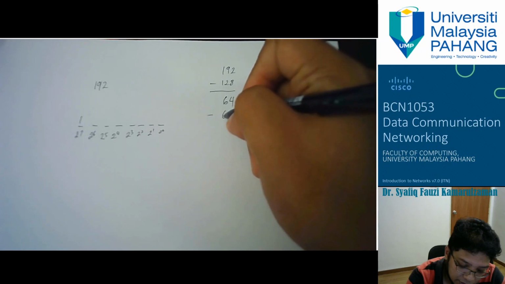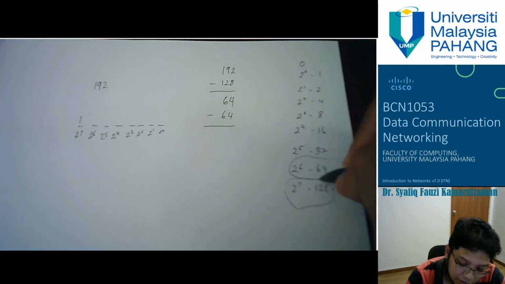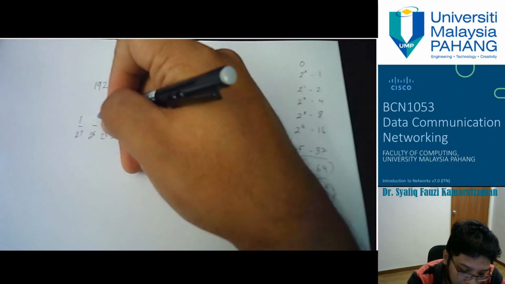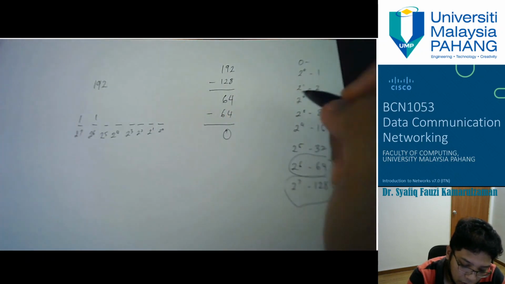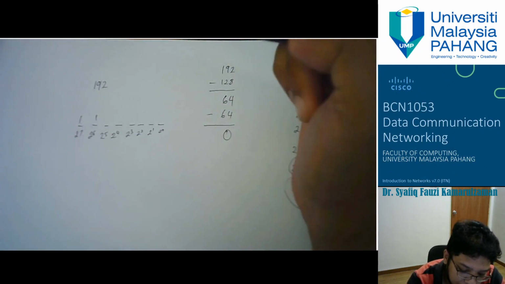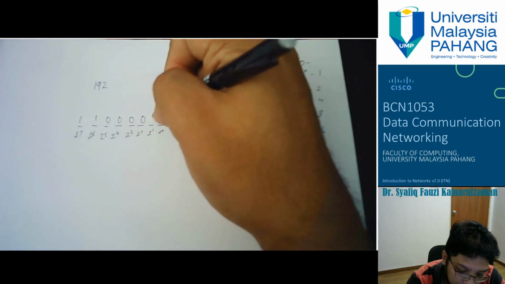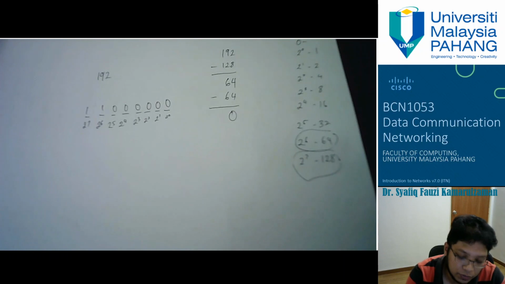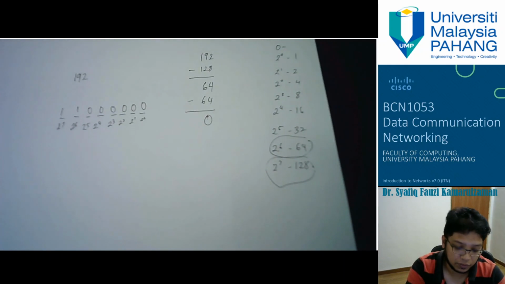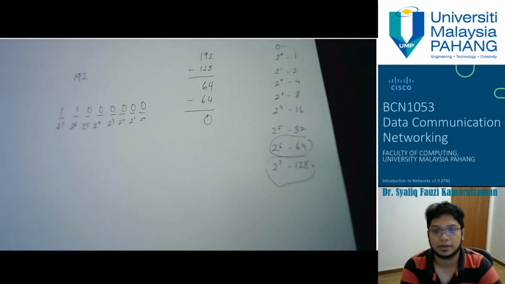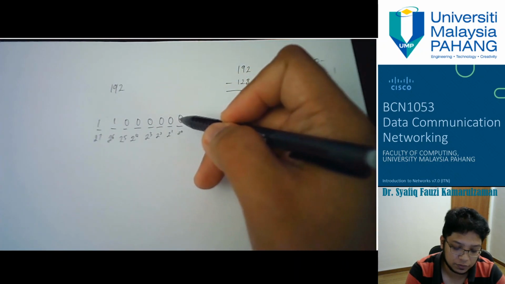So you subtract 64, and you get 0, and then 1. The next closest power of 2 is 0, so all the rest become 0. So for 192, you'll get the value shown here: 11000000.